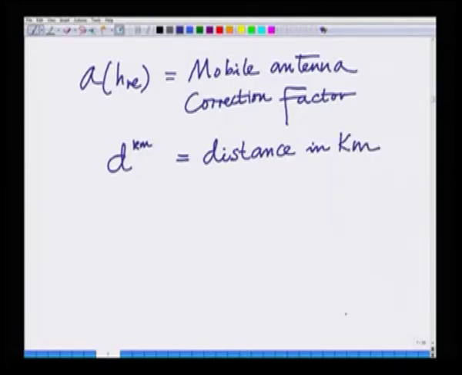The distance d has to be given in kilometers, and the transmit and receive antenna heights are constrained as follows.